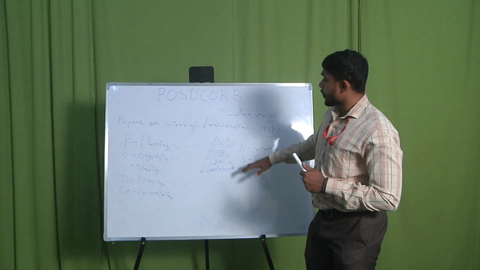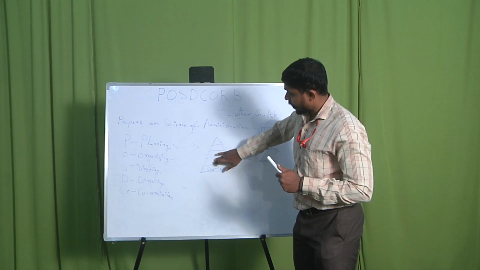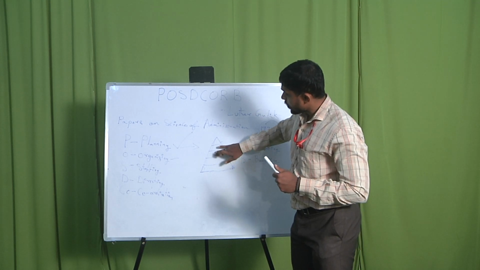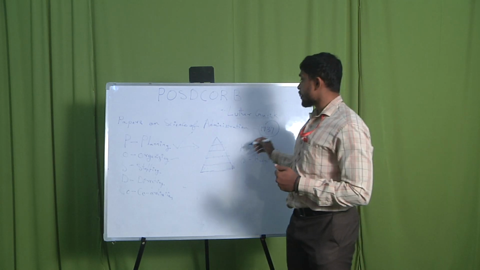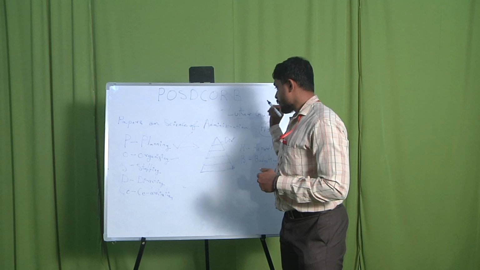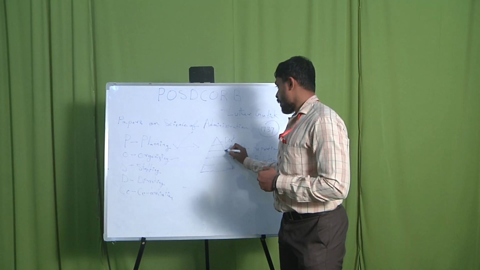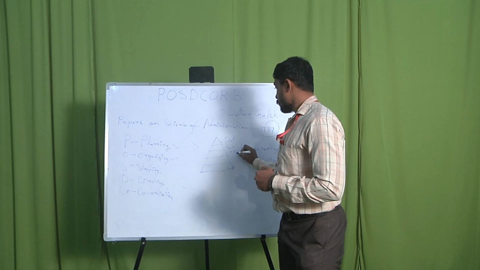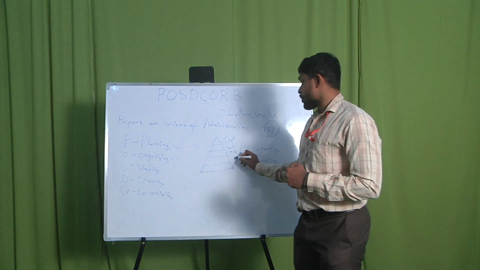Same like that in the private sector, and if you go to the public sector also, it will be the same procedure: the district collector, sub collector, next the revenue officer, MRO, and so on, down to the clerical staff.